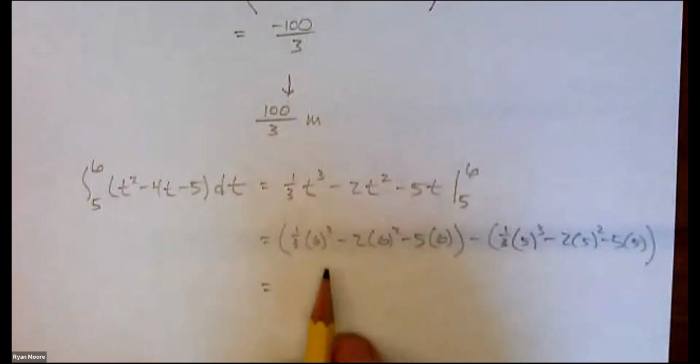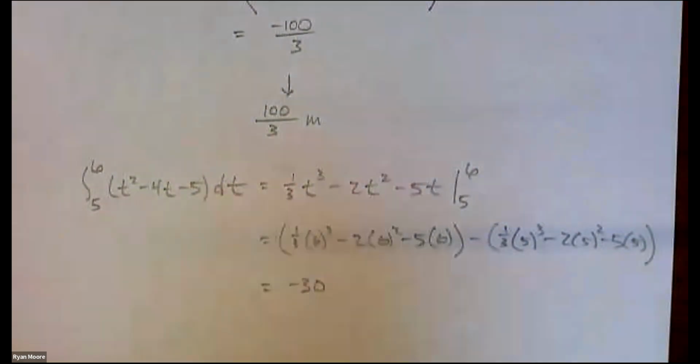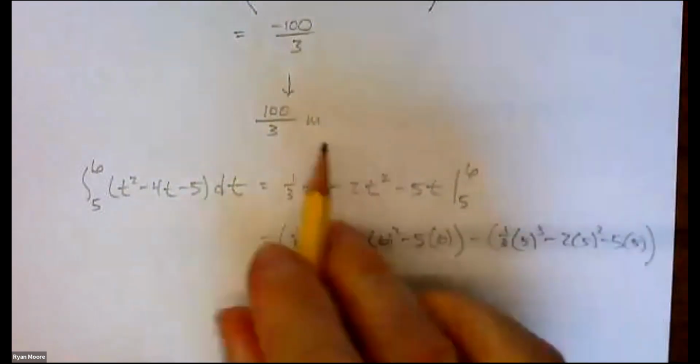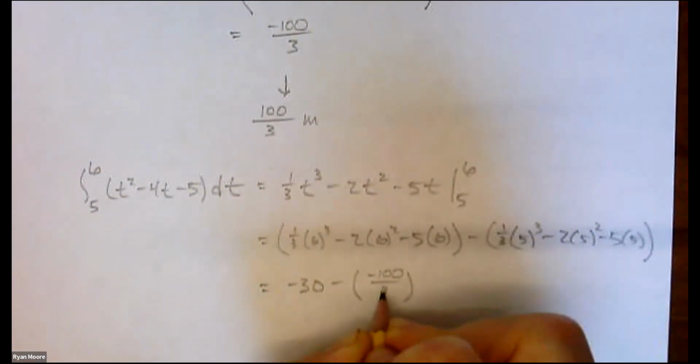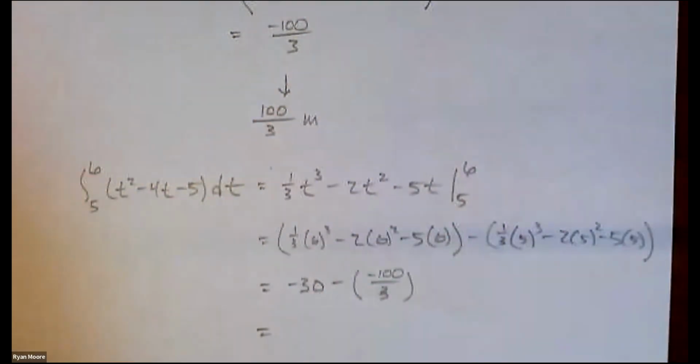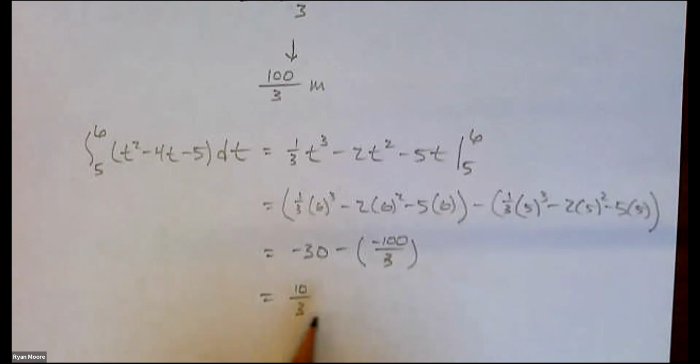When we plugged in 6 earlier, it was negative 30, and just now plugging in 5 was negative 100 over 3. So what does that tell us? Negative 30 plus 100 over 3 gives 10/3. That one is moving in the positive direction, to the right.